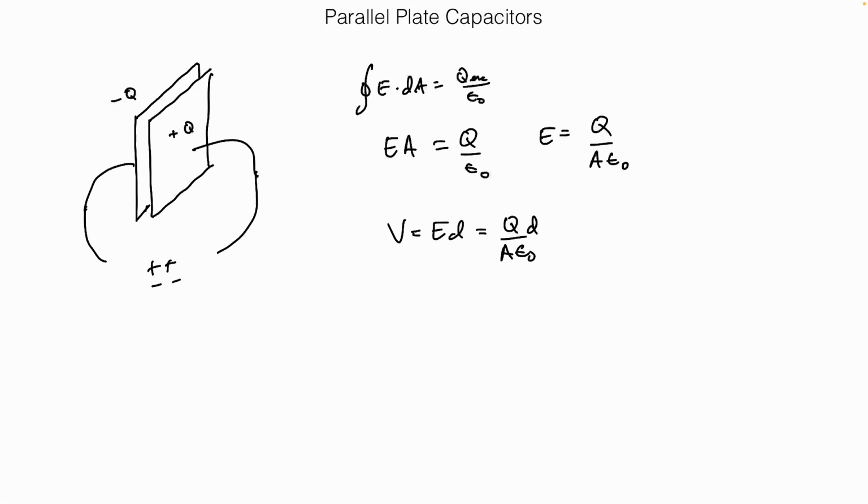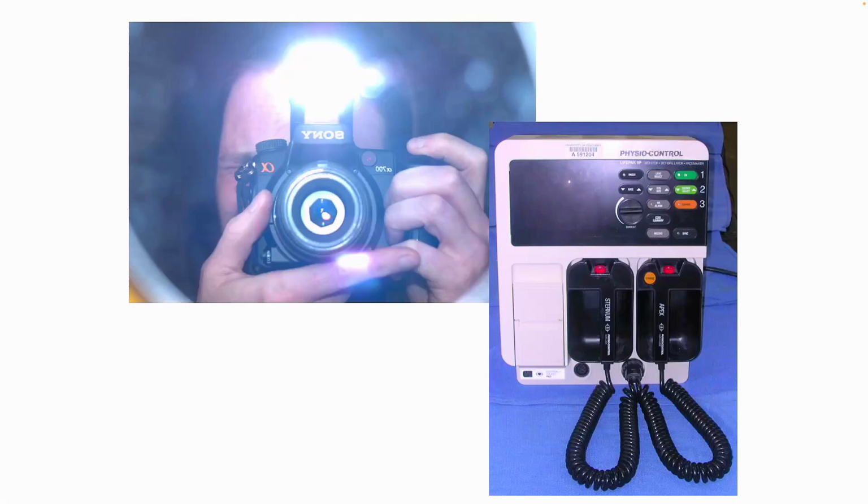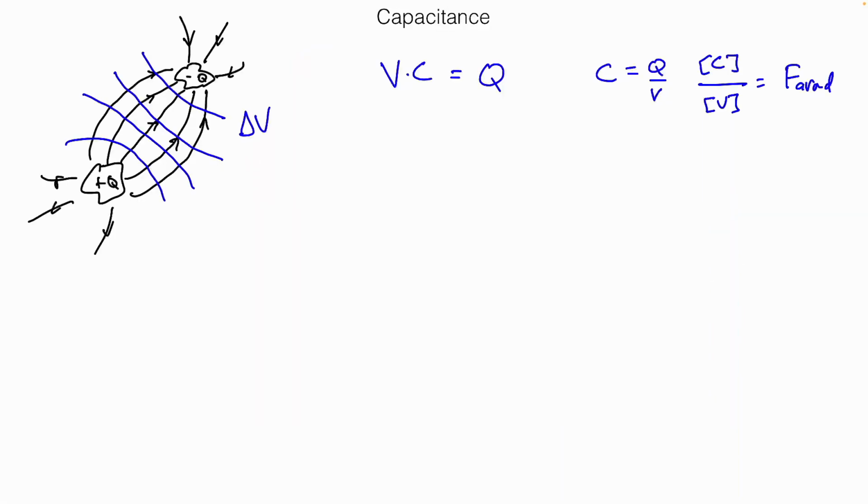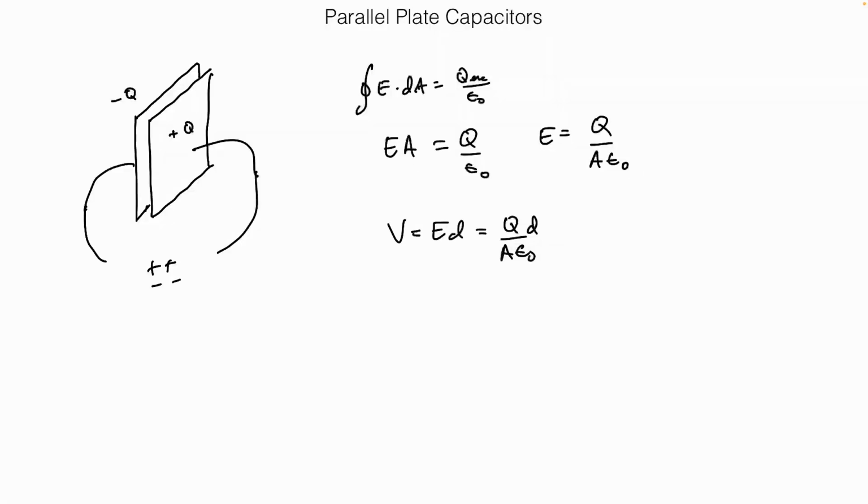But I'm trying to solve for capacitance, right? Is capacitance sitting in here anywhere? Capacitance is charge divided by voltage, isn't it? I've got a voltage equals Q over A epsilon naught D. If I divide both sides by V, what's Q over V?